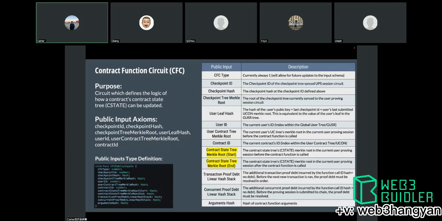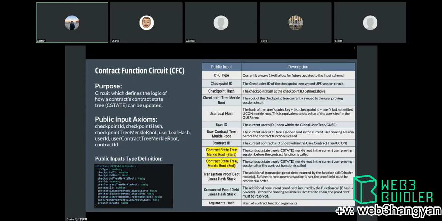So we have the block ID or checkpoint ID, the hash of the checkpoint. So basically information about the entire state of the blockchain when this contract is being called, a user state tree's hash, and so on and so forth. And we use this to essentially provide the contract function circuit access to the global state of the blockchain.